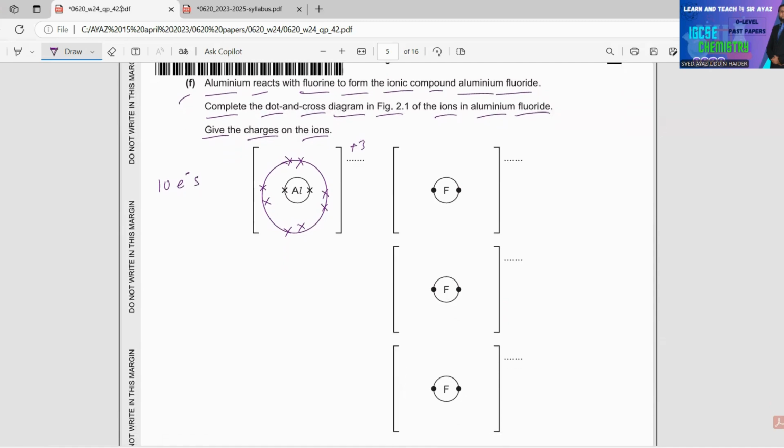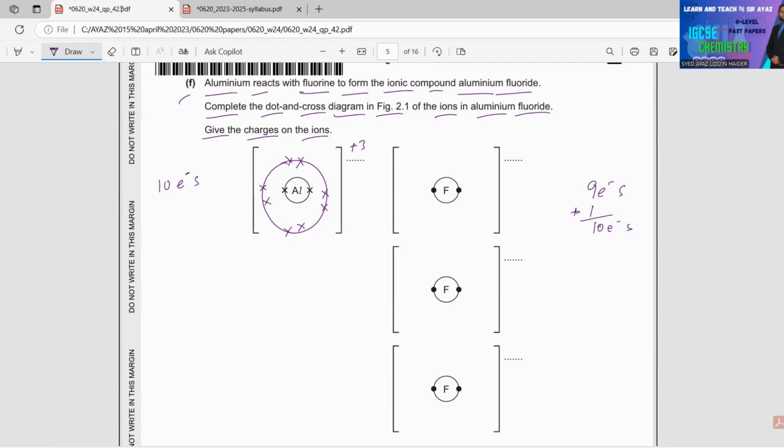Each fluorine atom will gain electrons to form negative charge ions. So each of these has 9 electrons. After gaining 1 electron, it becomes 10 electrons. 2 electrons are already shown. I need to show the other 8 electrons.